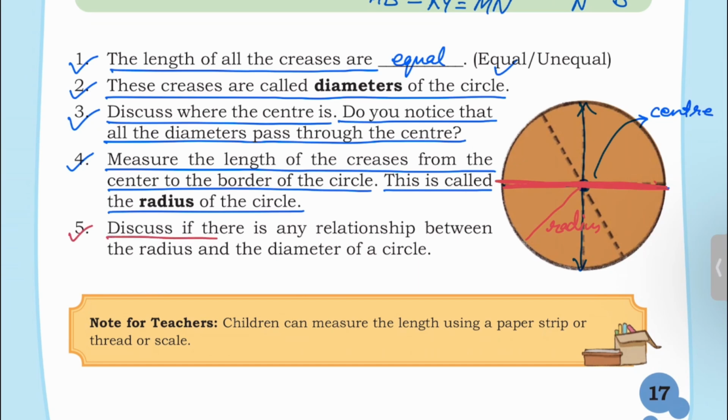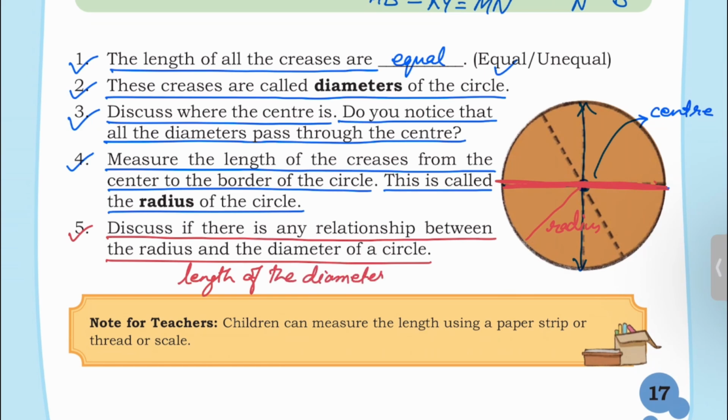5. Discuss if there is any relationship between the radius and the diameter of a circle. Length of the diameter of a circle is equal to 2 times the length of the radius of the circle.